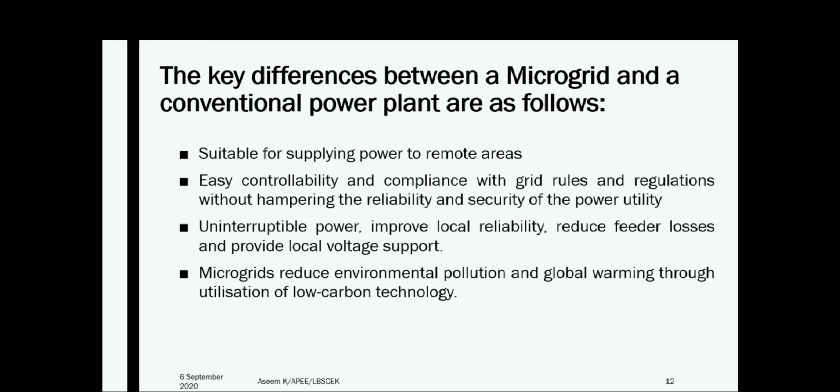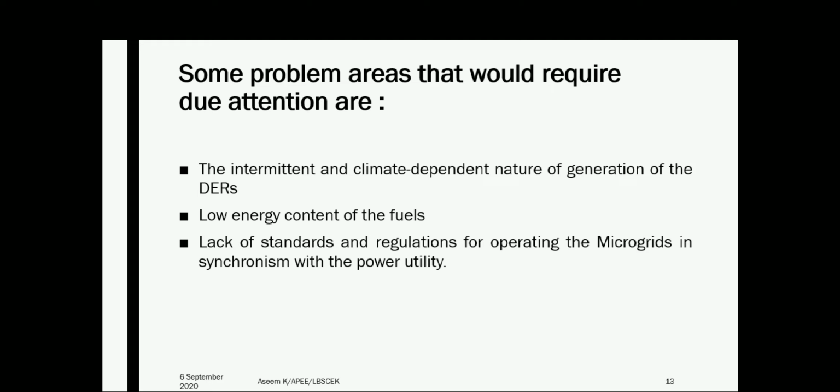And the last point we discussed is that it reduces environmental pollution and global warming through utilization of low carbon technology. So that is the difference between a microgrid and a conventional power plant.